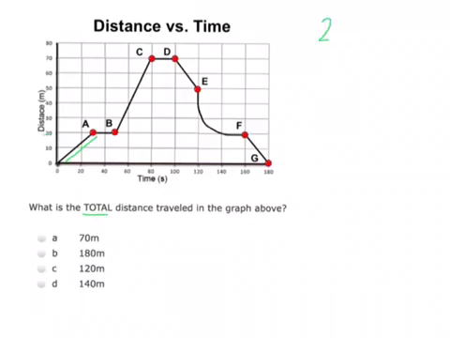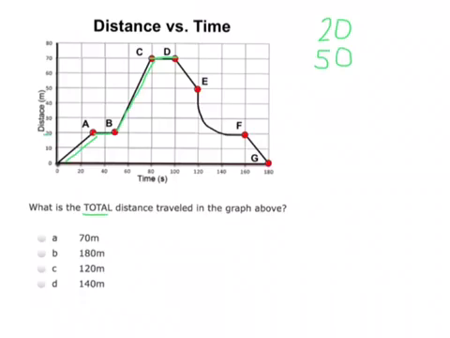So I'm going to write that over here. From A to B, the object did not move, so it's 0. Next, we look from B to C, and that was from 20 to 70. So that means it traveled 50 meters. Again, we have another horizontal line, which means no movement, so we're not going to add anything on.